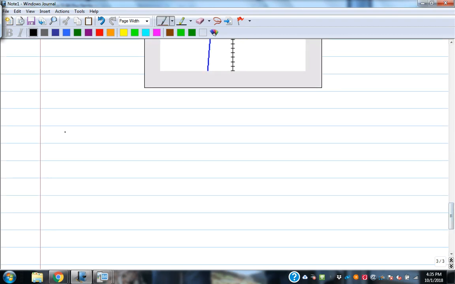Let's look at describing the transformation. Remember we did this back in chapter 3 and 4, where we shifted a graph up 4 units and left 6 or something like that. So that's what we're looking for here.